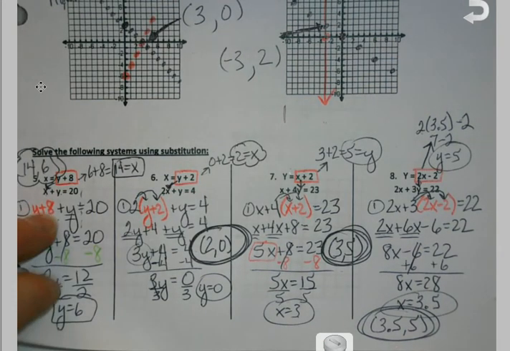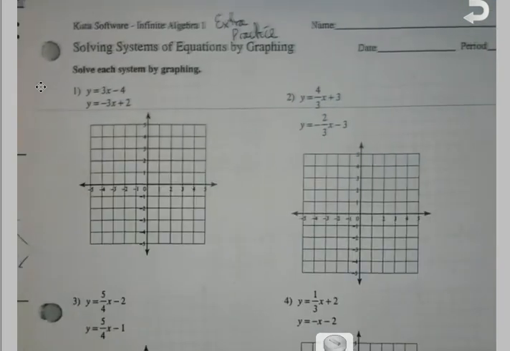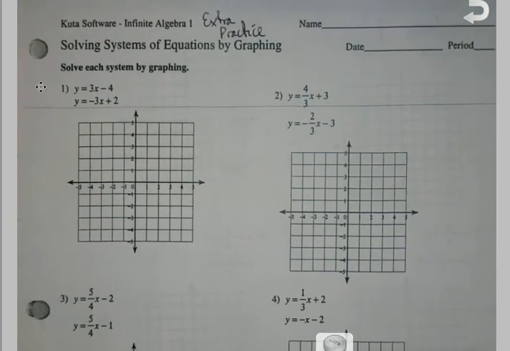So, a couple of things to put out there. Keep this in a safe spot. The extra practice that I put up there is basically just doing what we just did for those first 4 questions and seeing where they cross each other.